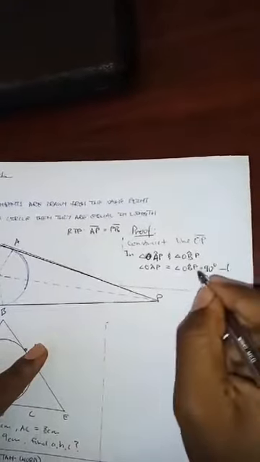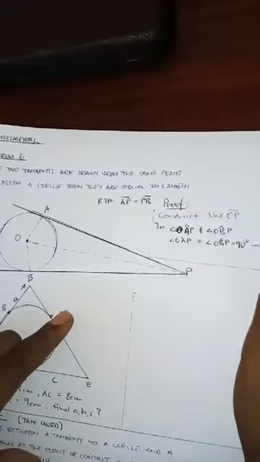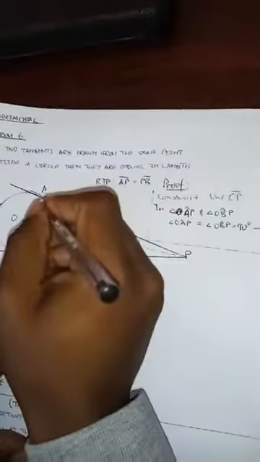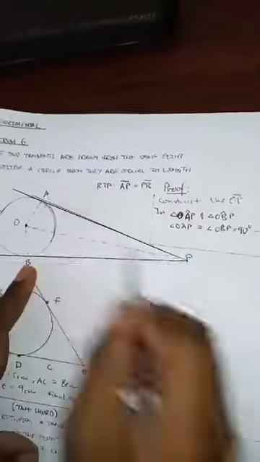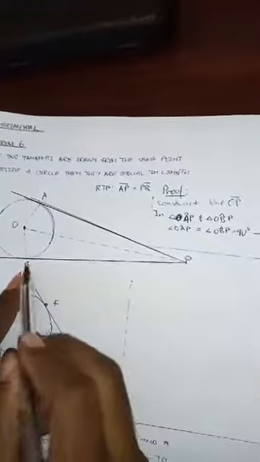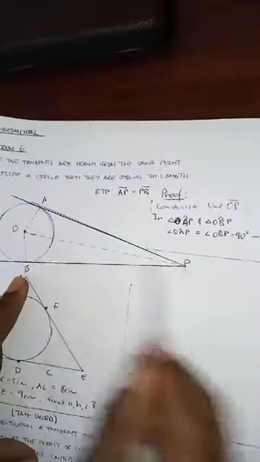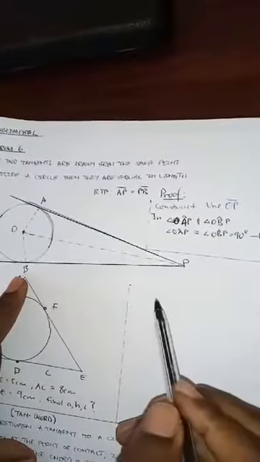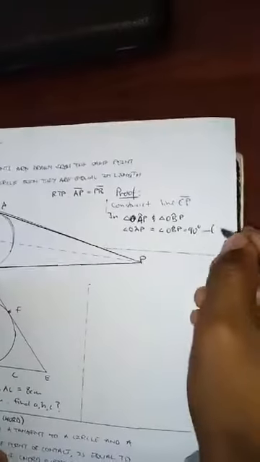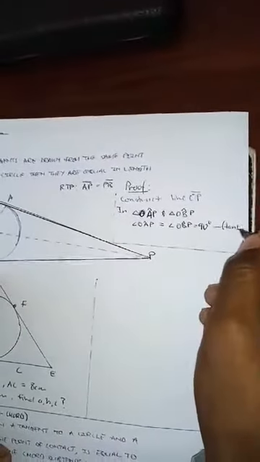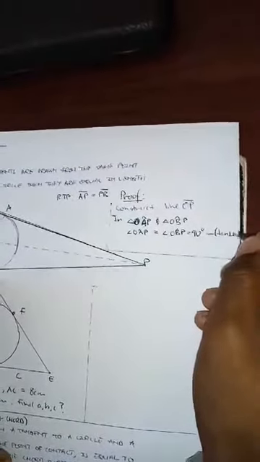I'm not sure whether you can see why, because we must supply a reason. Remember, for every statement we make, we must be able to supply a reason. Why is that angle OAP equal to the angle OBP? The reason is this is a tangent perpendicular to radius. And where is the tangent and the radius?